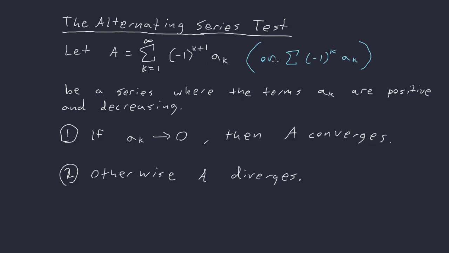It doesn't have to be k plus 1. Whether you start with a positive or a negative doesn't really matter that much. We want this to be a series where the ak's themselves are positive and decreasing.